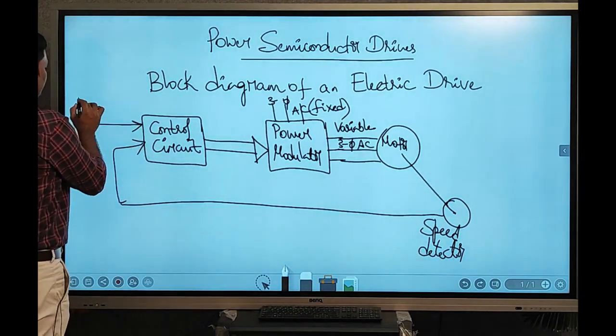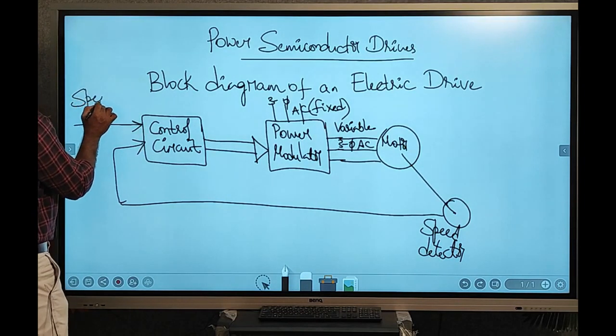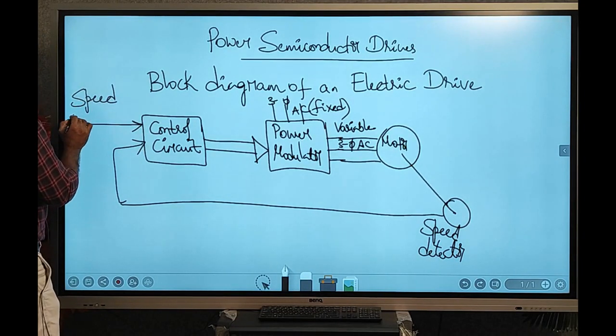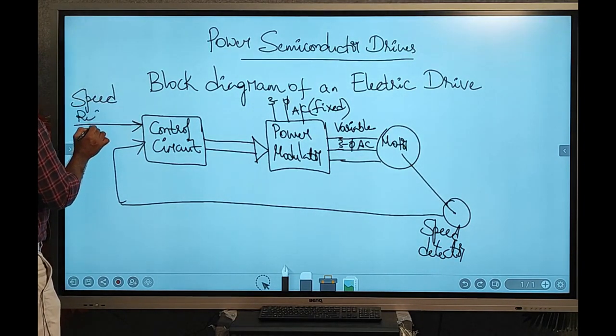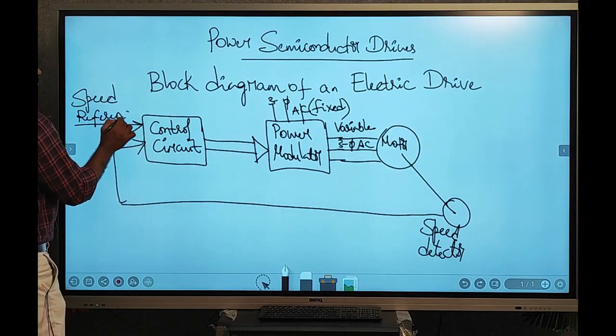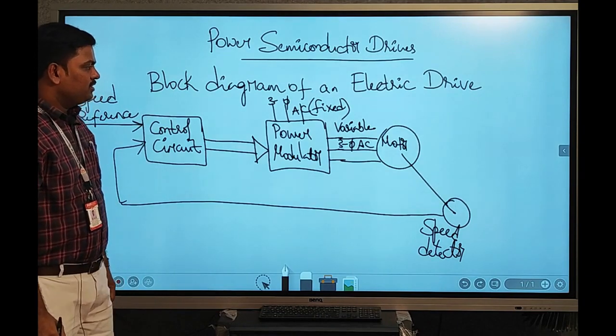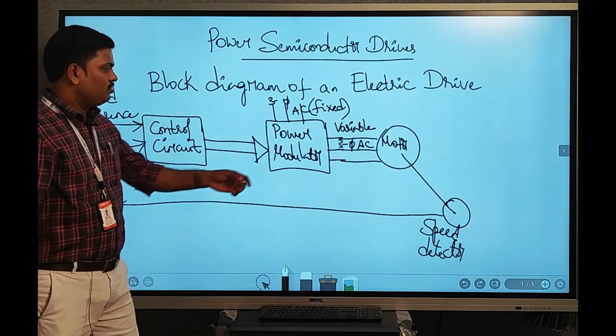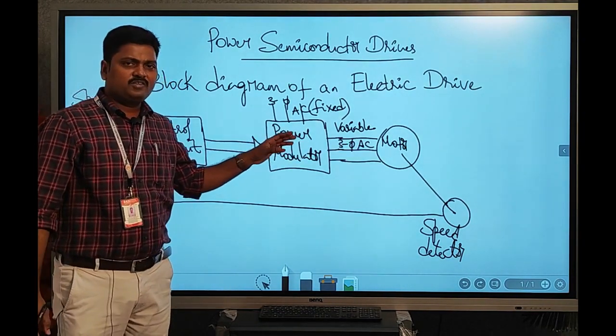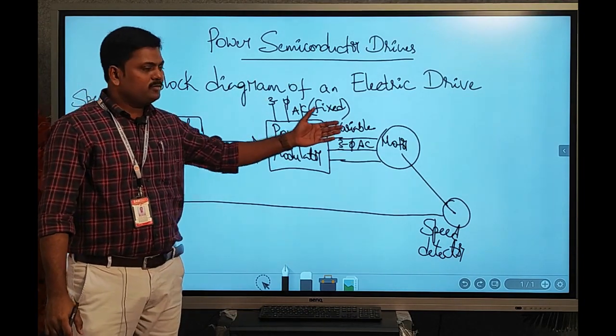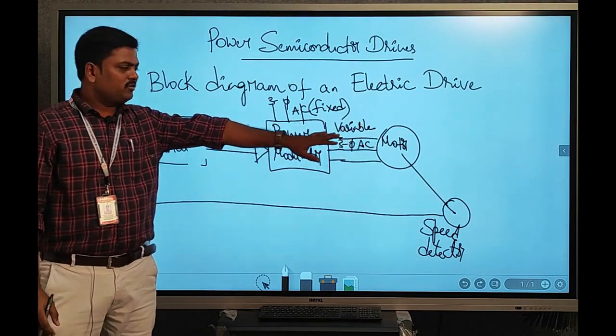And we have another input to the control circuit given by speed reference. So if you look at the block diagram, we have a motor and a power modulator. So obviously the power modulator converts the fixed AC to variable AC, fine, so the motor is happy.